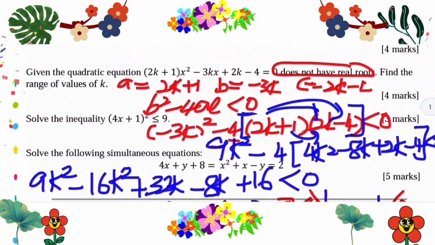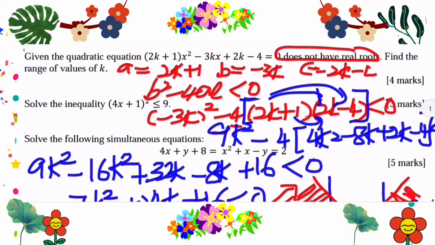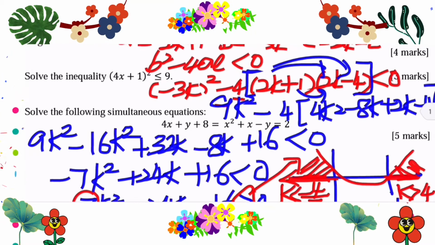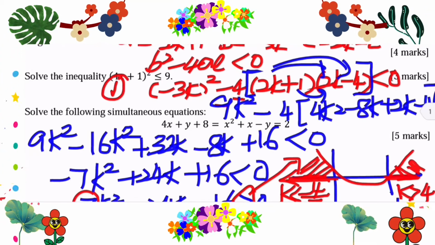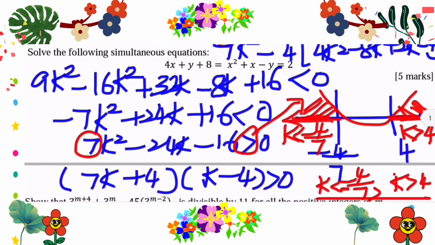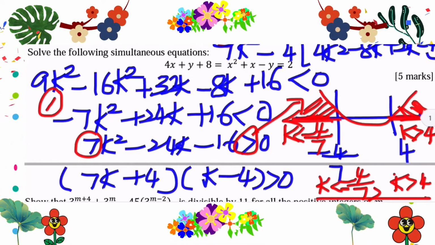So the marks will be allocated based on the proper steps. Normally if you substitute into b² − 4ac and substitute correctly, you are entitled to 1 mark.